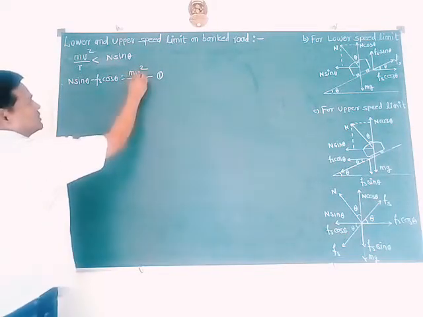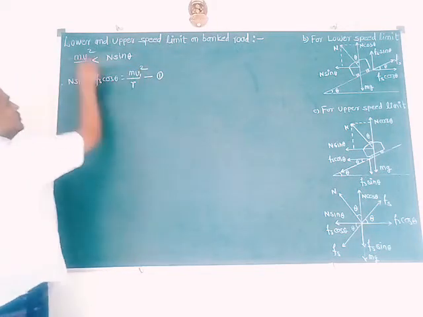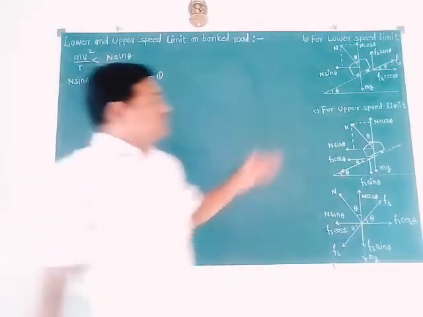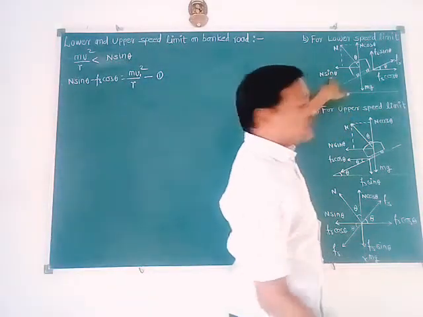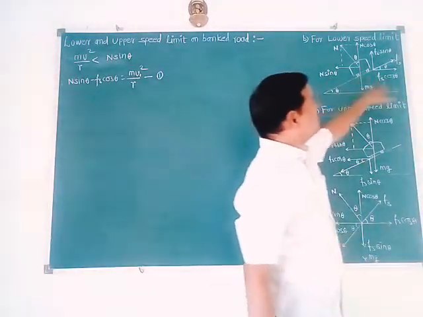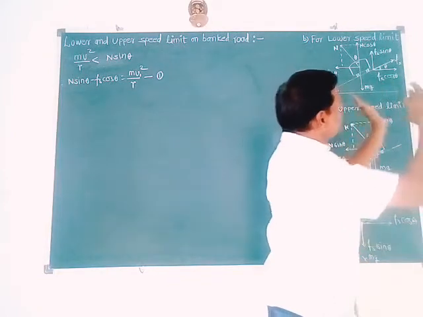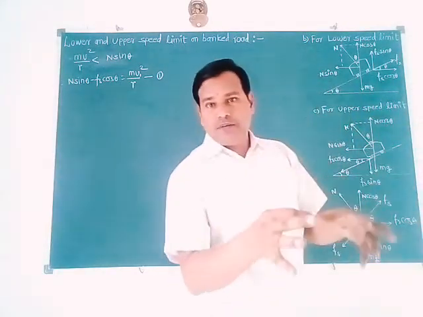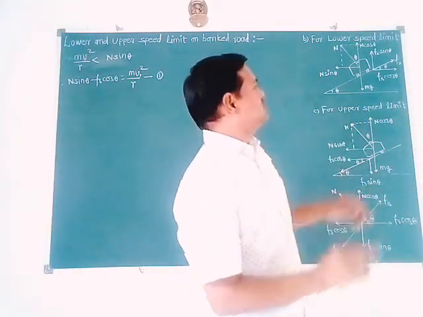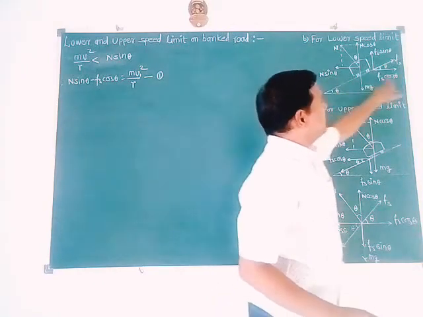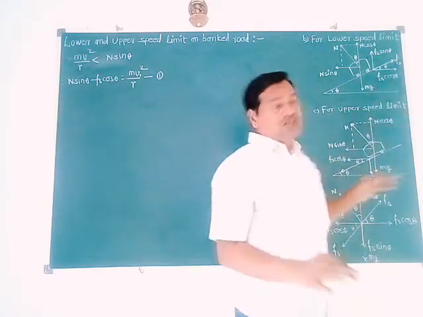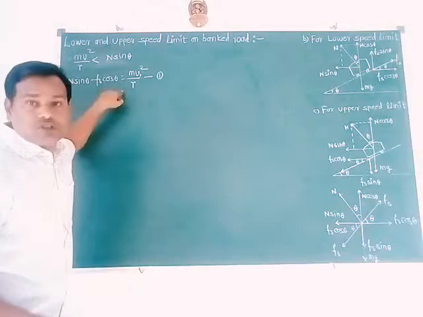Again we can consider here velocity v1. So this is the first condition: n sin theta, which is towards the center, and f cos theta, which is in the outward direction. So the net force acting on the vehicle is n sin theta minus f cos theta, which provides the necessary centripetal force for the circular motion.